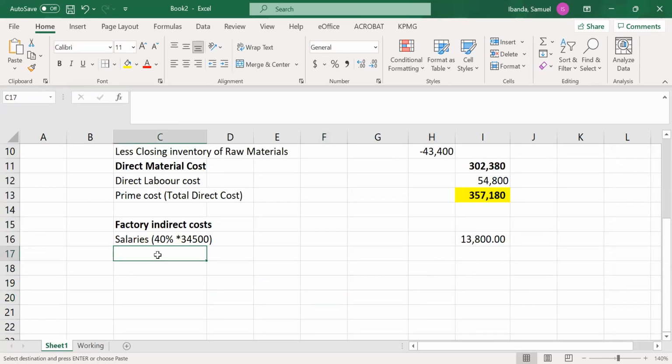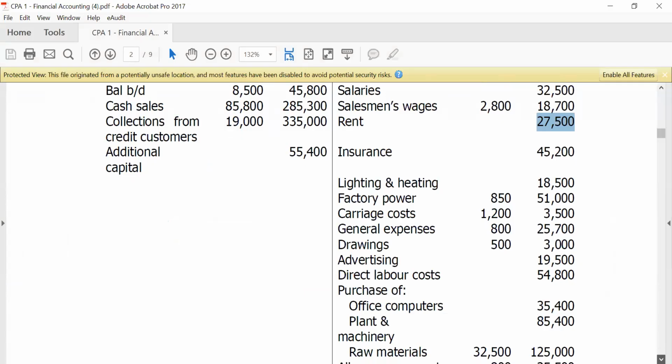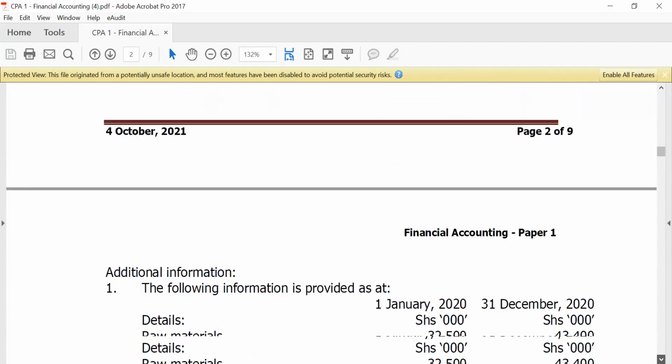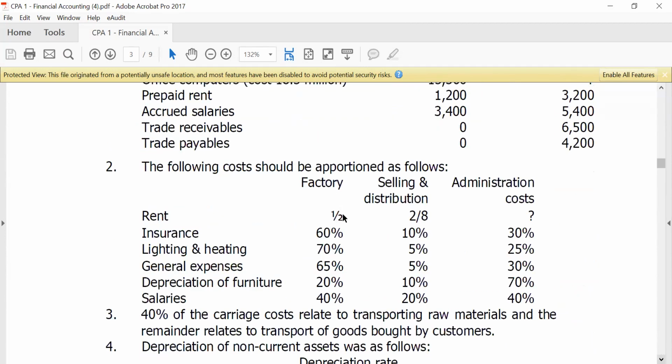So when I come here, I'll just look for the percentage of the rent. Remember, they told me that the so-called factory takes a half of the value of rent. From the information I have here, they have told me rent is a half for the factory.